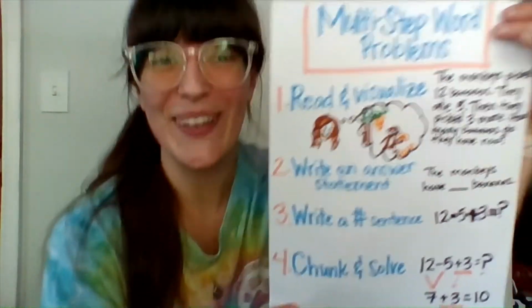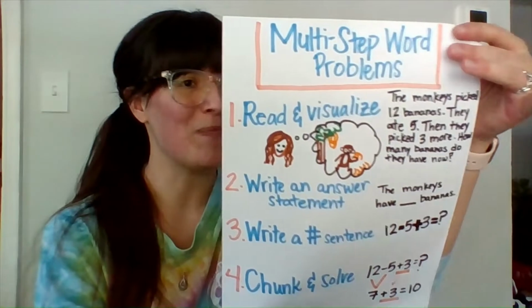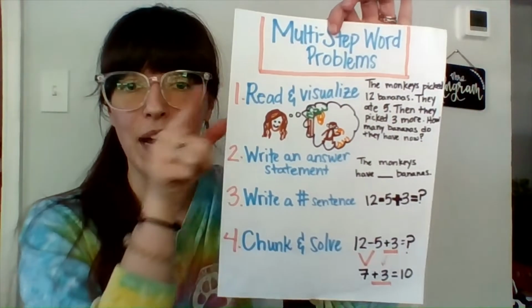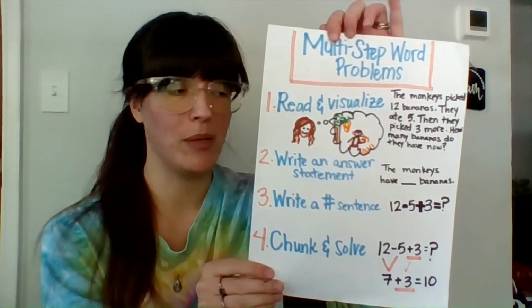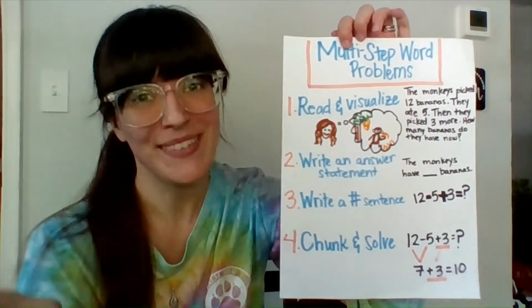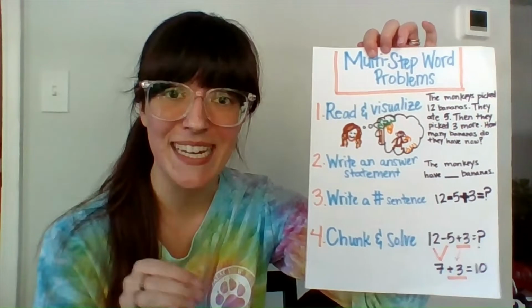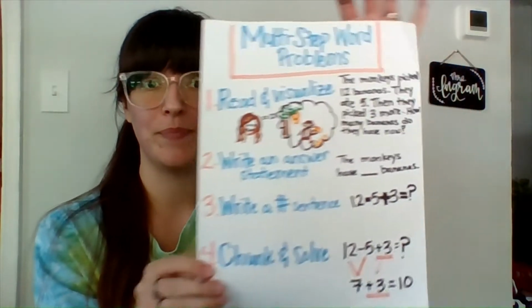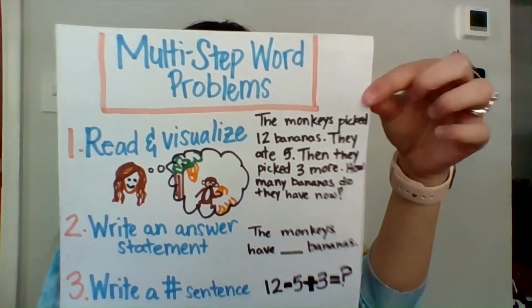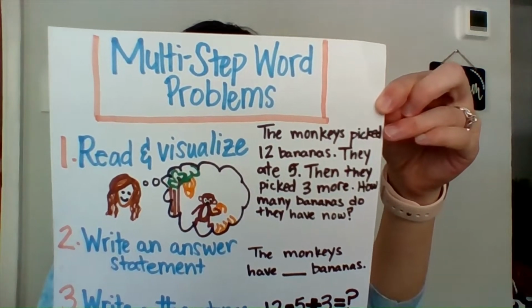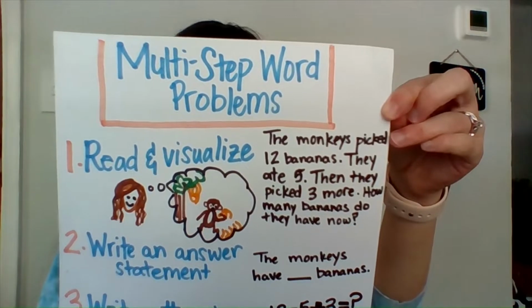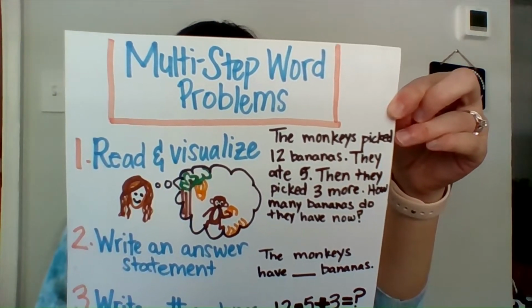So as you know, we're going to be solving these multi-step word problems. So we have several different steps that it's important for you to follow as you are solving these problems. Your first step seems pretty obvious. You're going to read and visualize your problem. So here in this example, it says, the monkeys picked 12 bananas. They ate 5, then they picked 3 more. How many bananas do they have now?